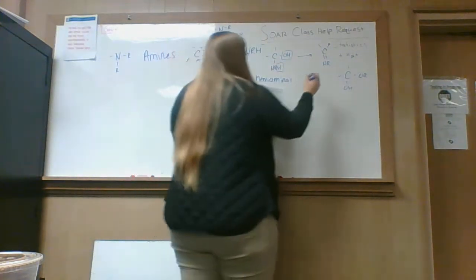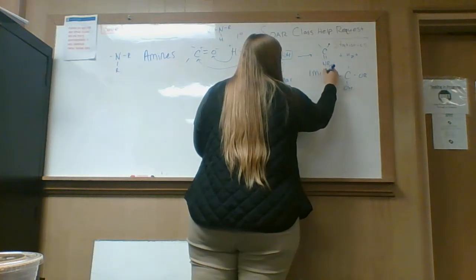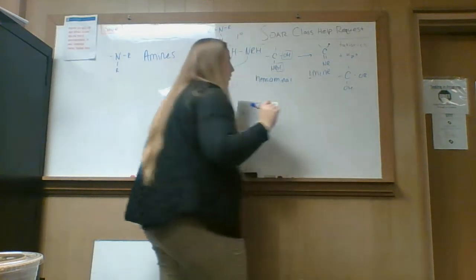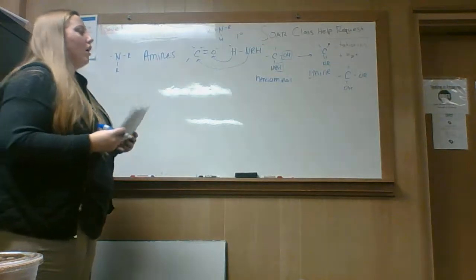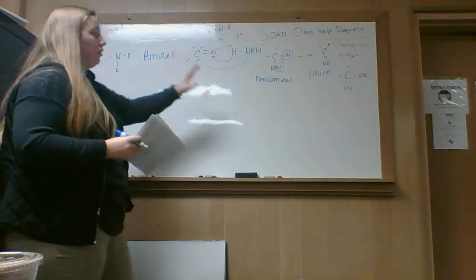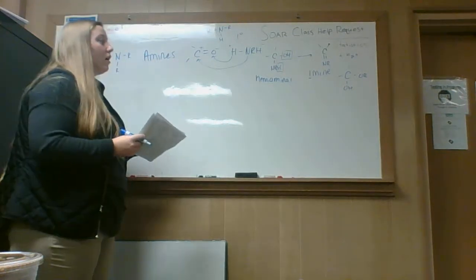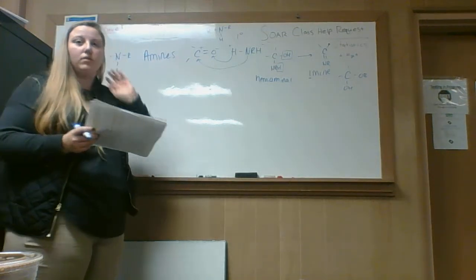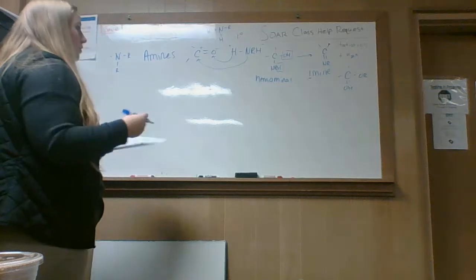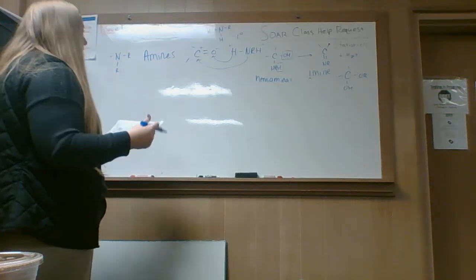This one is referred to as an imine with an I. Okay? I would add both of these to your list of functional groups to know. Again, naming not important, but you should be able to recognize them if you're shown on an exam.